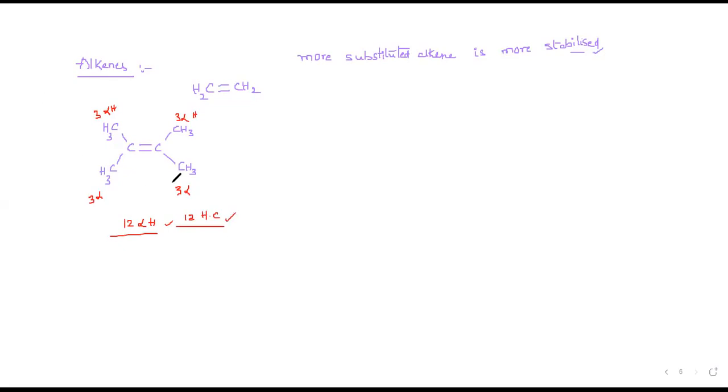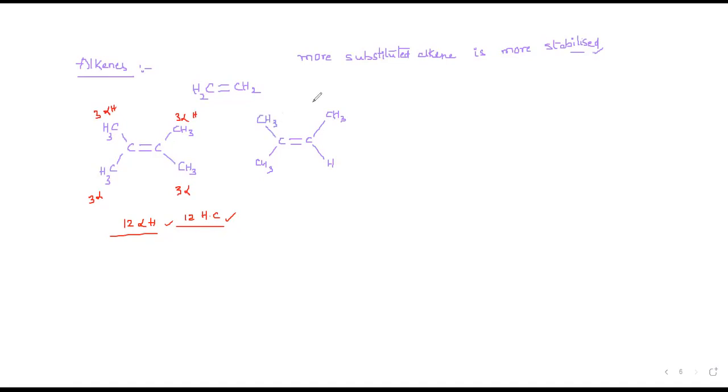Hence it is more stabilized than all other alkenes. Next, the trisubstituted alkenes: C double bond C, one carbon has CH3, and the other carbon has H, CH3 and CH3.